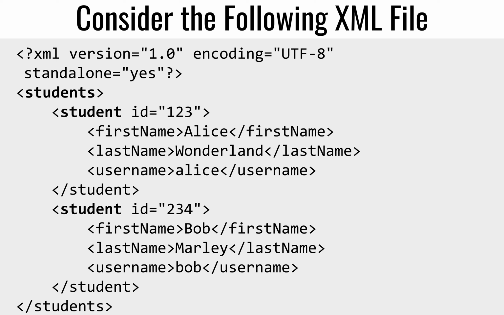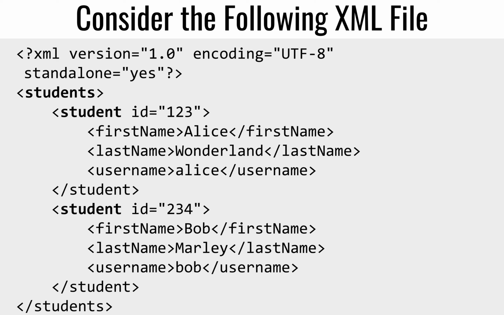Oftentimes, I would like to be able to make sure that the XML document I'm looking at can be validated, so that it has the correct file structure, that the elements are spelled correctly, that the names of the attributes are spelled correctly, that the data types are right, that 1 to 3 is an actual number, and that the values Alice, Wonderland, and whatnot are actual strings or dates or numbers.